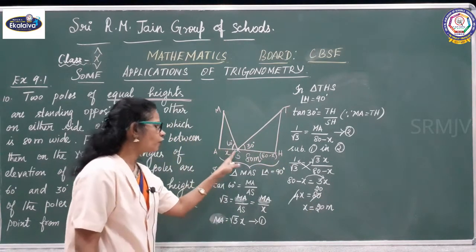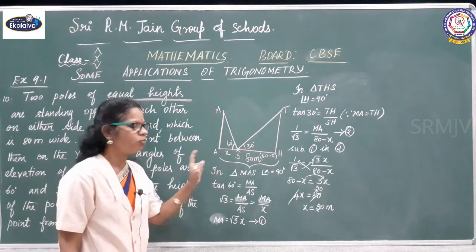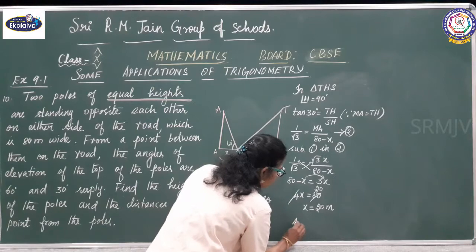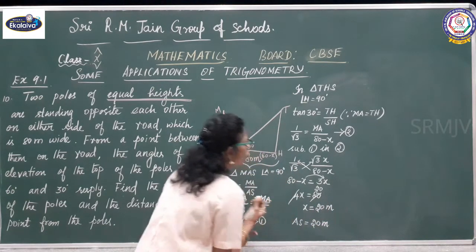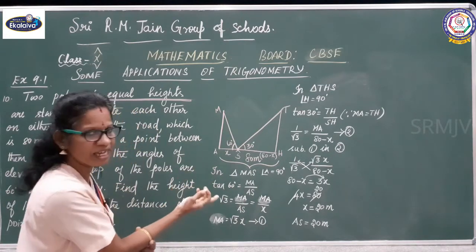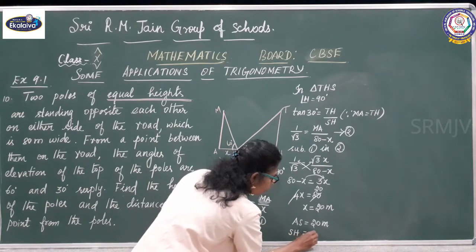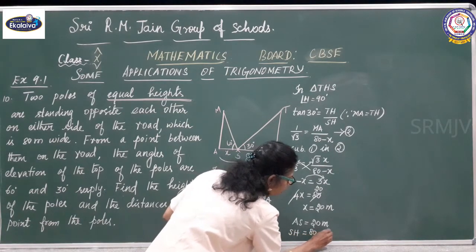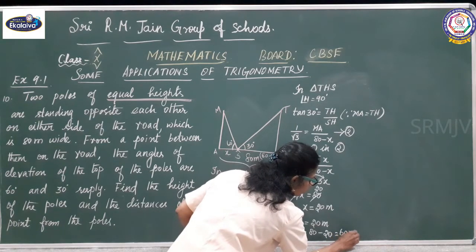That means from the point to the foot of this pole is 20 meter. AS equal to 20 meter. What is the position of SH? SH equal to 80 minus 20 equal to 60 meter.